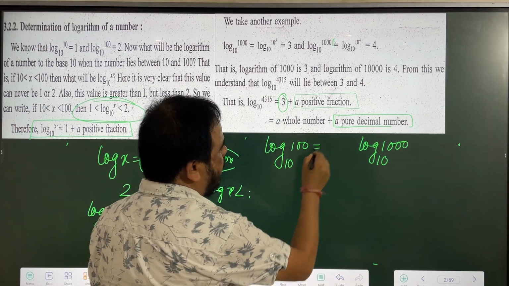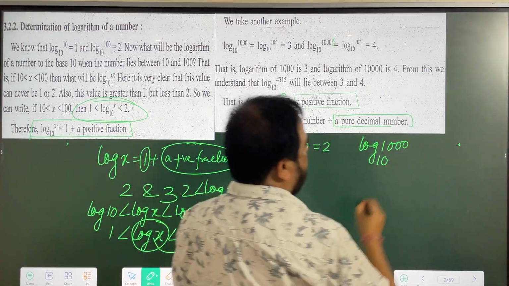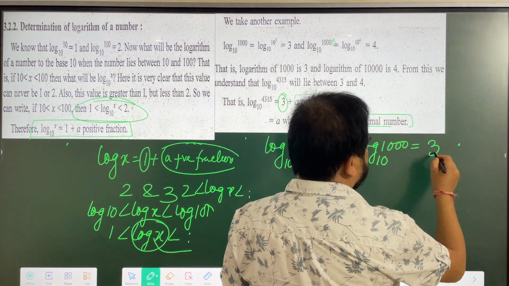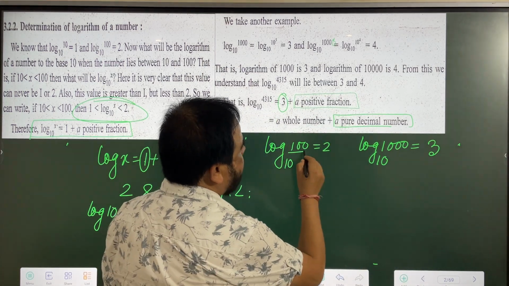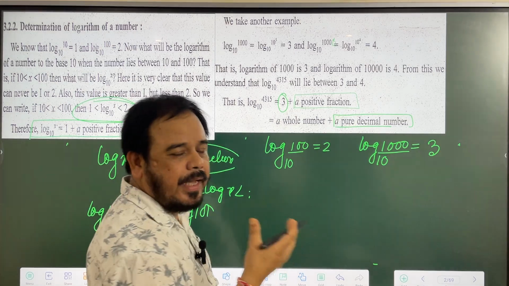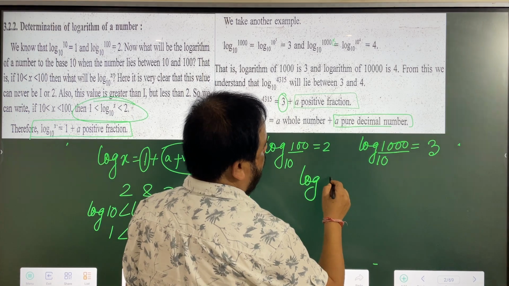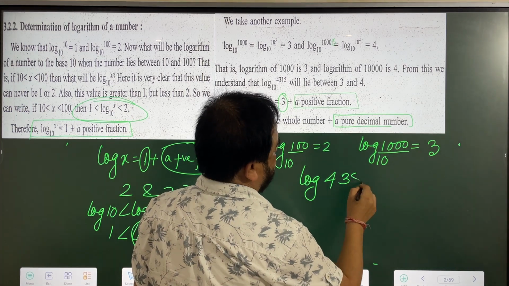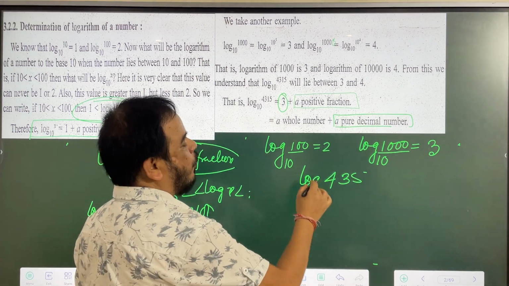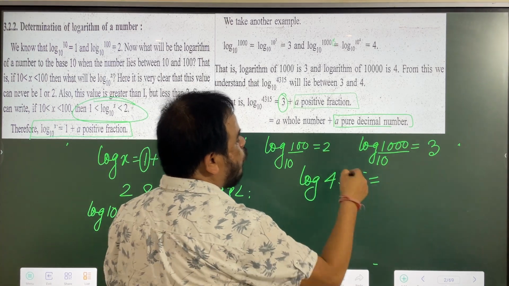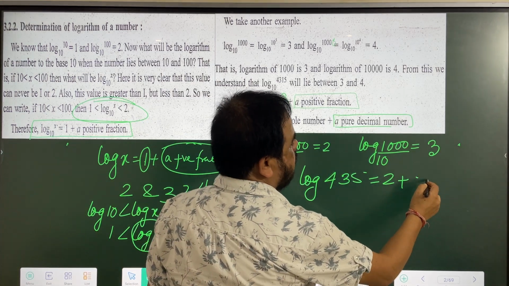Log 100 base 10 is 2 and log 1000 base 10 is 3. So between 100 and 1000 you can think of any number. Suppose I write log 435. Then log 435 will be 2 plus some decimal number.